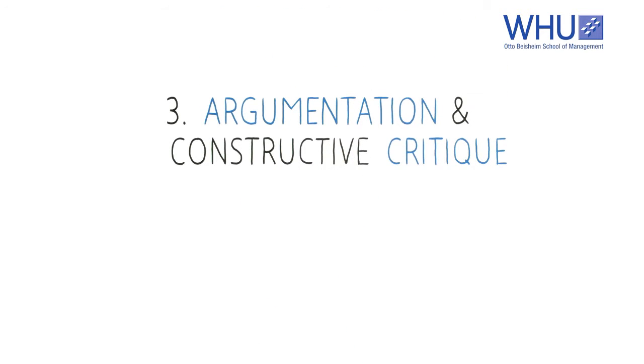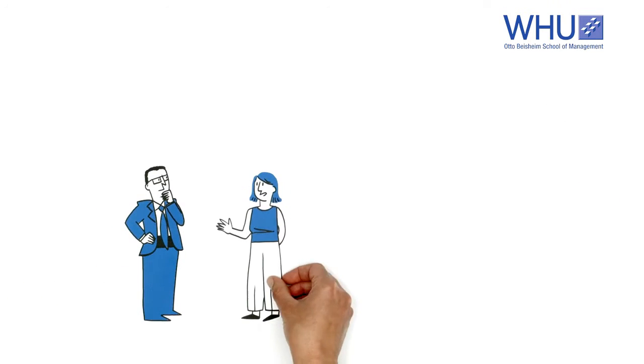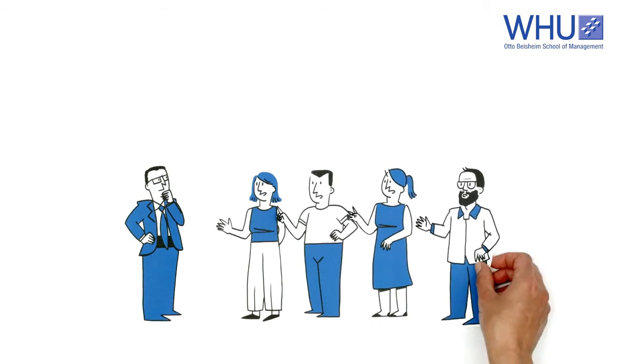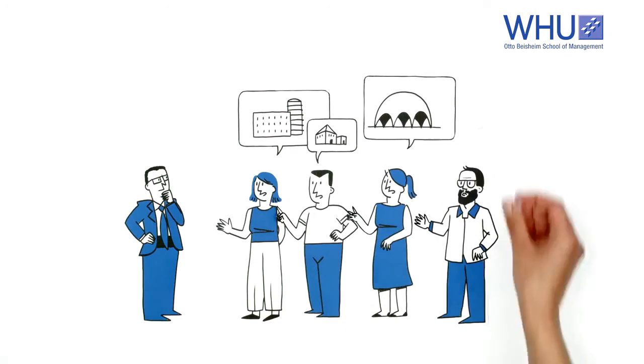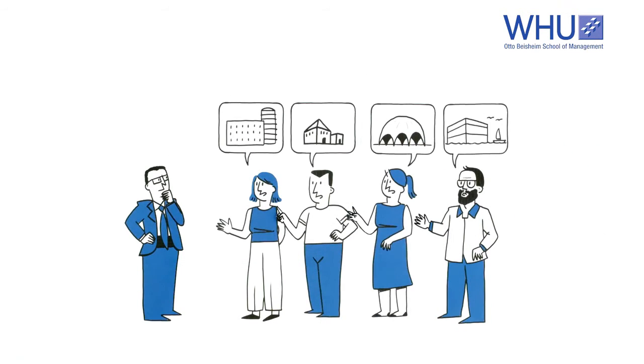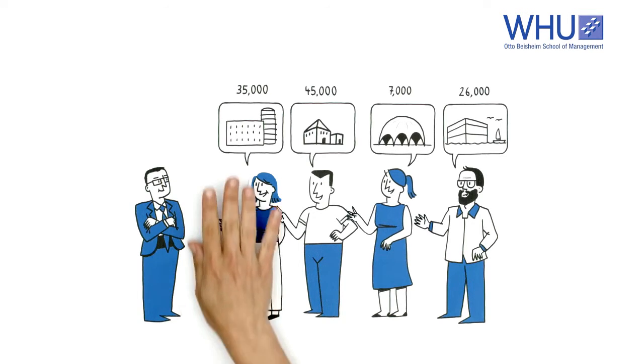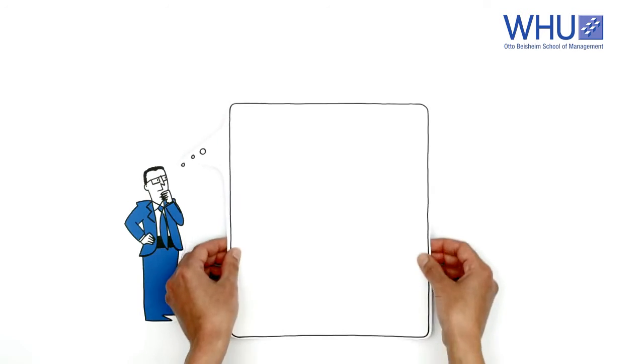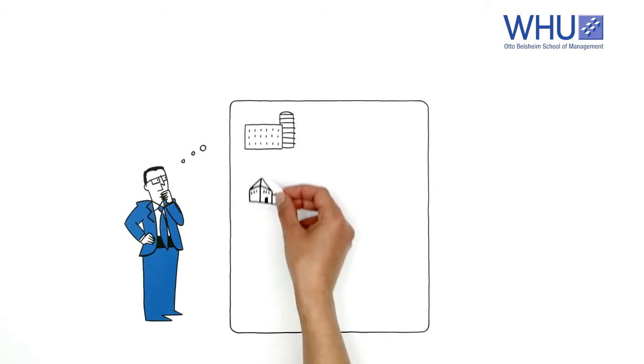Argumentation and constructive critique. The third cornerstone of a controlling culture is the power of the better argument. Controllers ensure that different arguments are freely and openly discussed and weighed against each other. They use the power of analysis to do this.